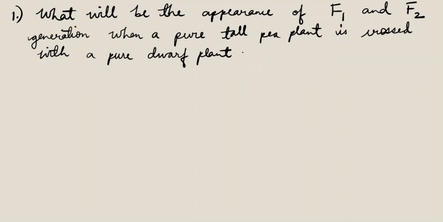Okay, so this is the question. So they are saying, pure tall pea plant, this is first, is crossed with a pure dwarf. So this is the question.